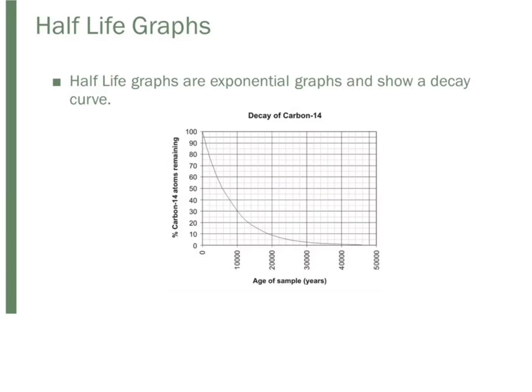So if you're taking grade 11 university math, you've probably looked at, or you will be looking at, exponential curves. And so half-life graphs, you will probably see them in your math class because it's a real-life application of exponential curves. So again, this is a graph of the decay of carbon-14, so you can actually figure out how old something is based on the mass of the carbon-14 that's left.